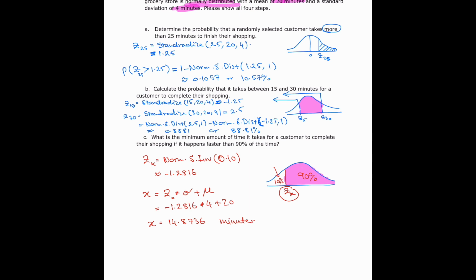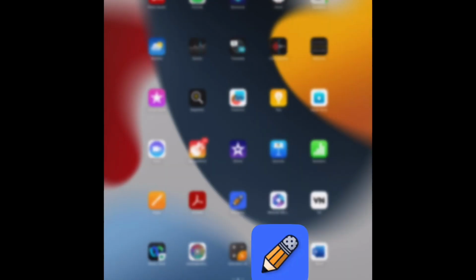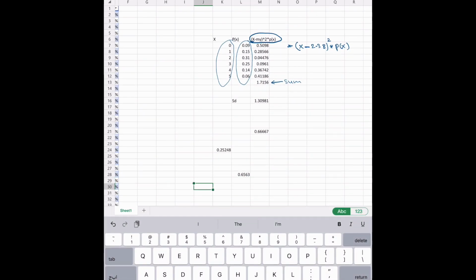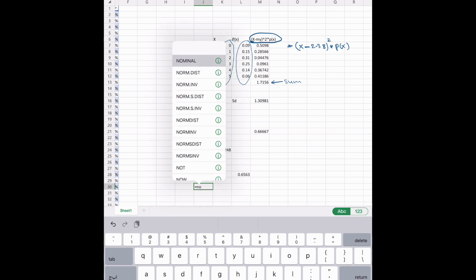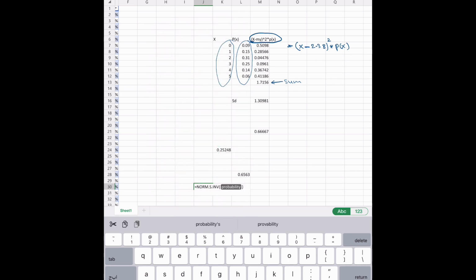If the number you got was bigger than that number, or bigger than 20 minutes, you'll know that you did something wrong and you have to rethink your question. So for example, if you use norm.s.inverse of 90%, you're going to get 1.28.